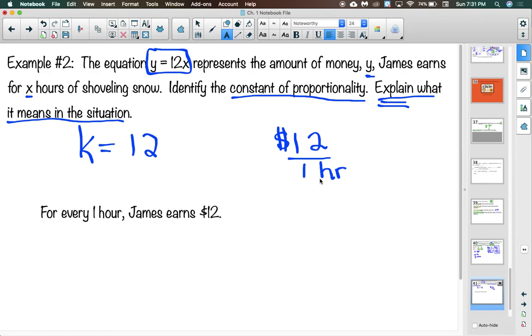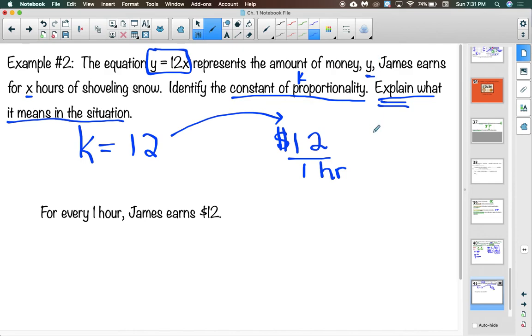For every 1 hour James shovels snow, he earns $12. There's our explanation. So we had to do two things in this problem. Did we do them both? Did we identify the constant of proportionality, K? We sure did. It was 12. Did we explain what it means? Well, that took a little bit of work. We had to first change it into a unit rate and match it up with the units in the problem. And then we could do our explanation right here.